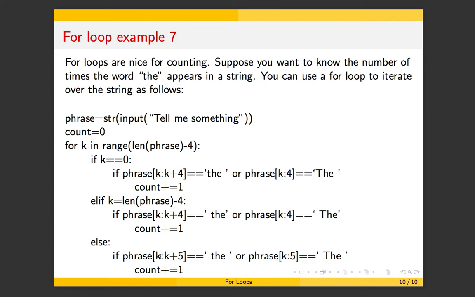So tell me if k all the way up to position k plus 4. So there are 5 characters there. There's k plus 1, k plus 2, k plus 3, k plus 4. Those are 5 positions inside the string for 5 characters you're looking for. Tell me if those 5 characters are either the with a space on either side or The with a space on either side, with a capital.